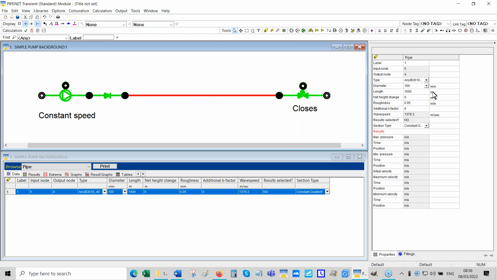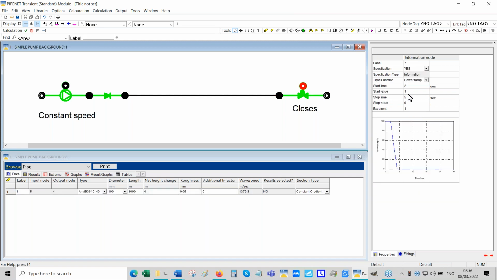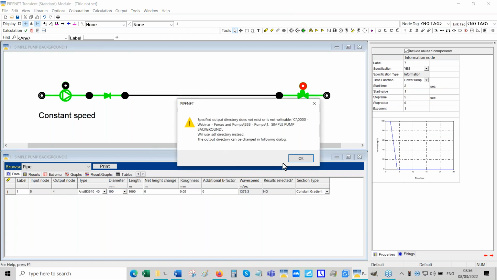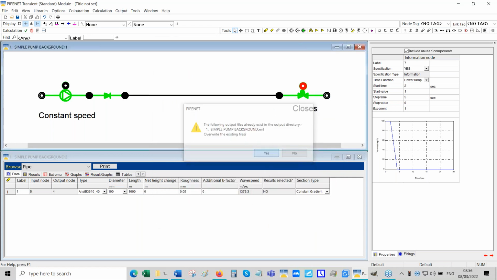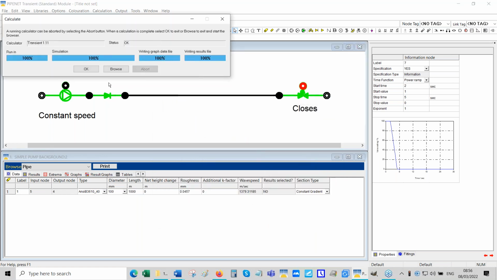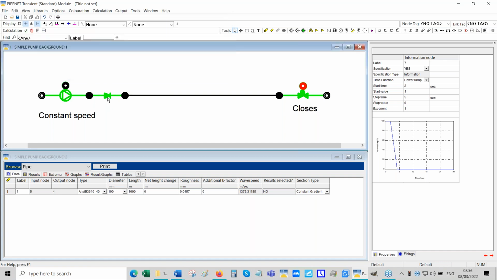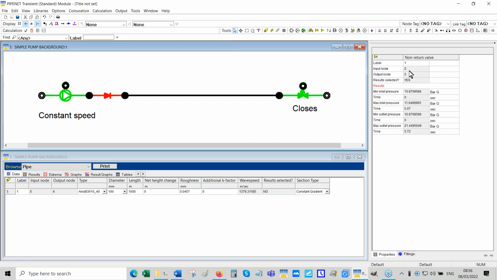You see it's 1,000 meters of 100 millimeter pipe. And the valve closes from 2 to 5 seconds, so it closes in 3 seconds. And of course, there is a non-return valve. As you know, a non-return valve is like an instantaneous valve. As soon as the pressure reverses, it will close. Once again, it's a very, very simple model. If you click on that, there's no data. You simply say it's connected between nodes 2 and 5. That is it.